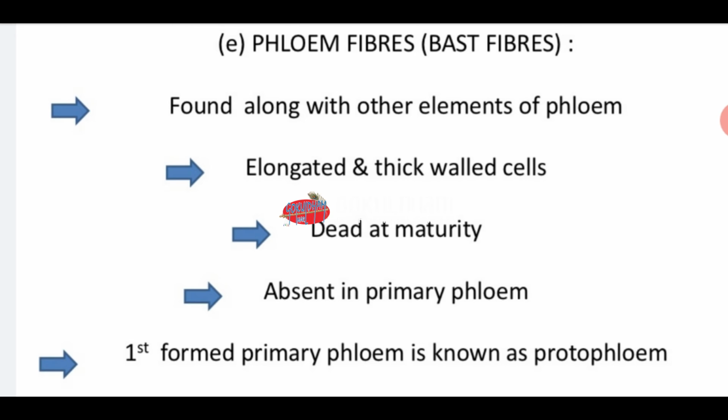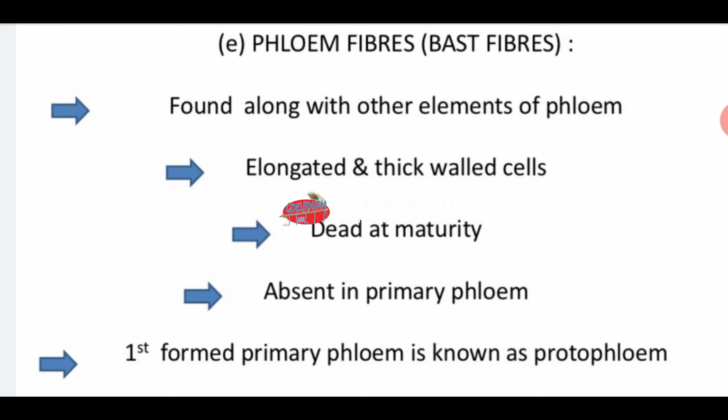The phloem fibers are found along with the other elements of phloem. It is an elongated and thick walled cell, and it is dead at maturity, and it is absent in the primary phloem. Means the fibers are absent in the primary phloem.